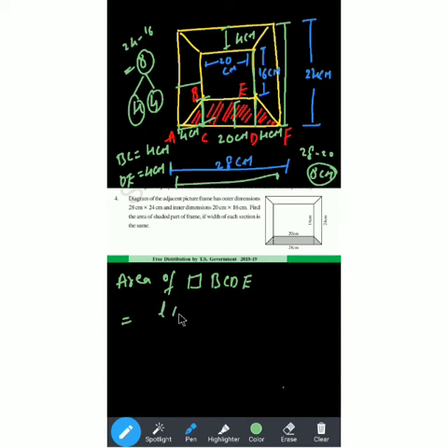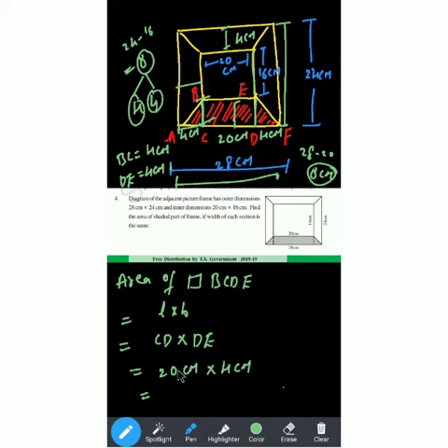L into B. L is nothing but CD, which is 20 centimeter, into B, which is nothing but DE, 4 centimeter.